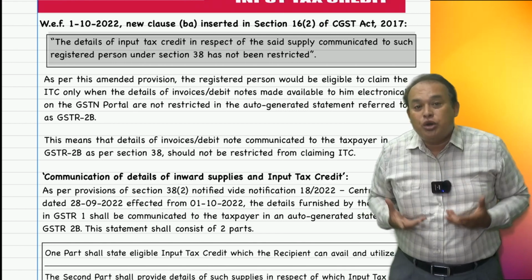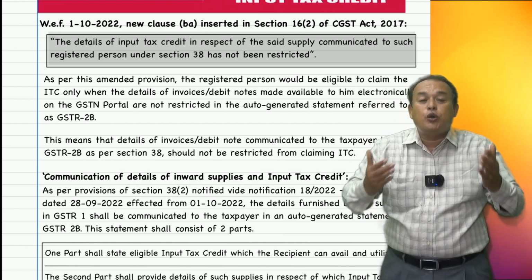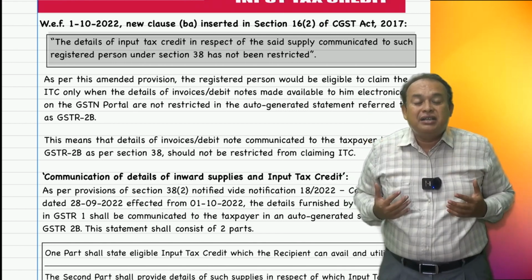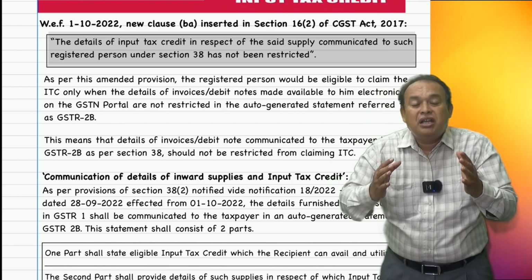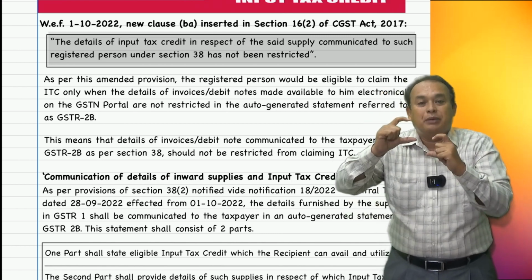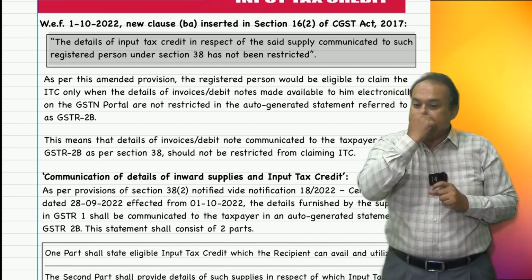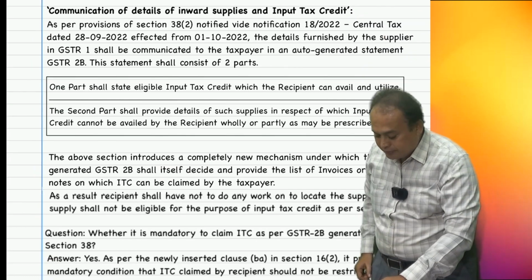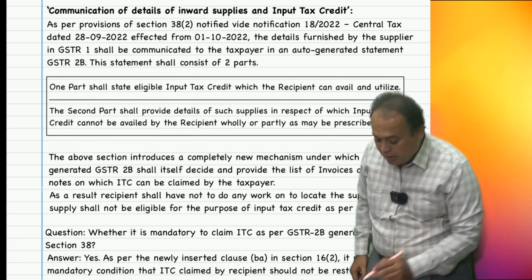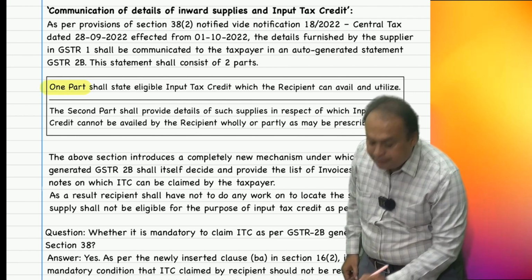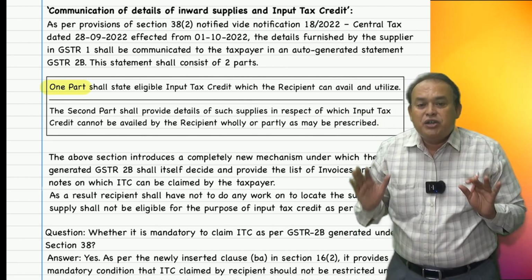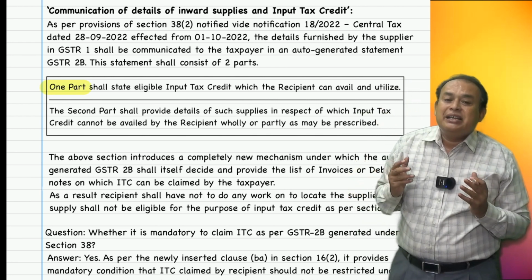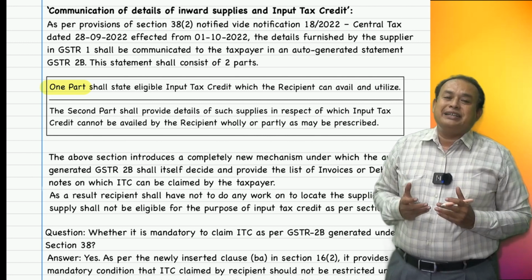Where it is shown: under the GSTR 2B input tax credit statement in the GST network portal, there are two parts available, part 1 and part 2. Part 1 says that eligible input tax credit which the recipient can avail and utilize.